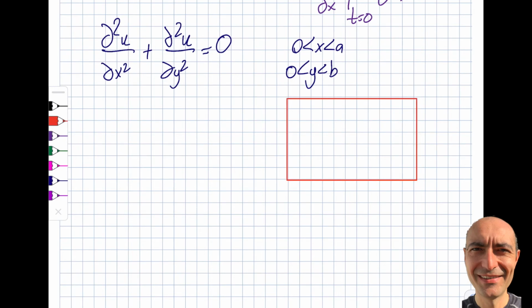Let's say this point is (0, 0). This is x, this is y. This point is (a, 0), this is (a, b), and (0, b). So now I will solve for the temperature distribution in this particular plate. But I don't see any time, right? Important. So everything that I'm going to give you will be boundary conditions.